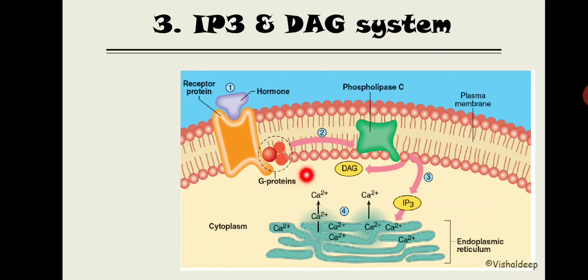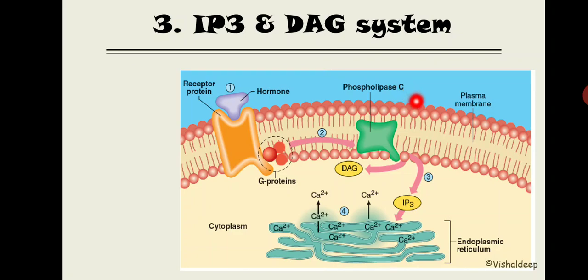As soon as this Gq protein binds with the intracellular domain, the alpha q subunit gets detached from the beta and gamma subunits and binds with GTP, and it is released from the binding of beta and gamma. Again the alpha q subunit binds with the transmembrane enzyme. The name of that enzyme is phospholipase C.